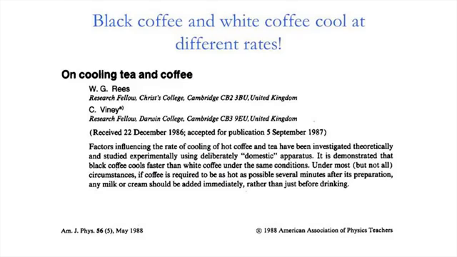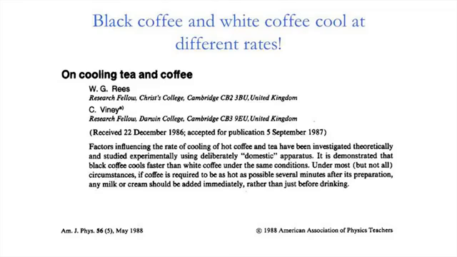And this was the subject of this paper on cooling tea and coffee by Rees and Viney. They were at that time Cambridge physicists, and I suppose you have to do something in Cambridge in the winter. What they found, in the abstract: factors influencing the rate of cooling of hot coffee and tea have been investigated theoretically and studied experimentally using deliberately domestic apparatus.